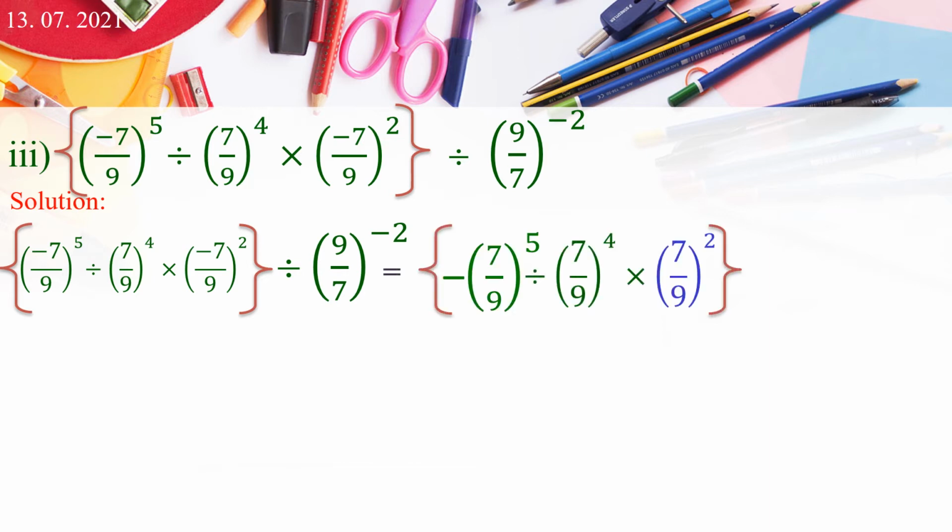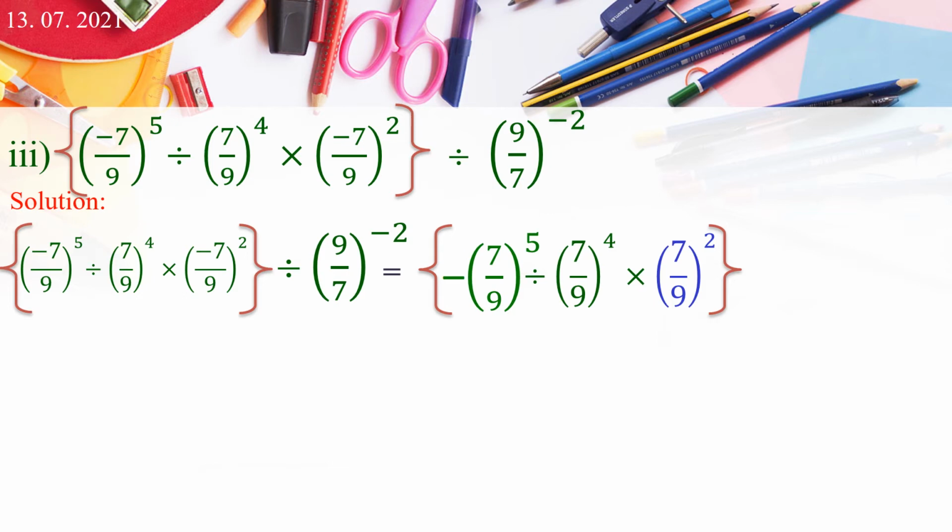It can be written as minus of 7 by 9 whole power 5 divided by 7 by 9 whole power 4 into 7 by 9 whole squared. How? Here we know very well that for a negative number with an odd power exponent, the result will be negative. So the first term minus 7 by 9 whole power 5 becomes minus of 7 by 9 whole to the power 5.